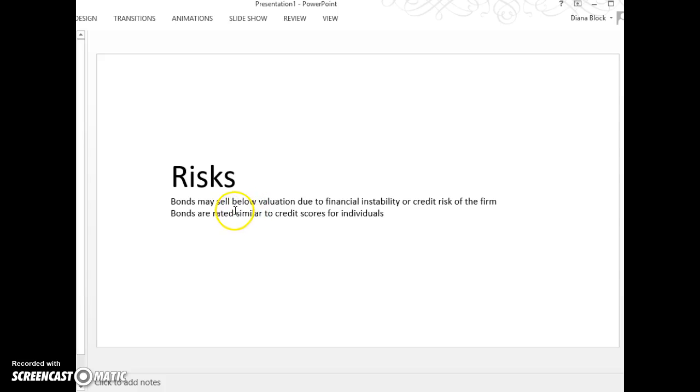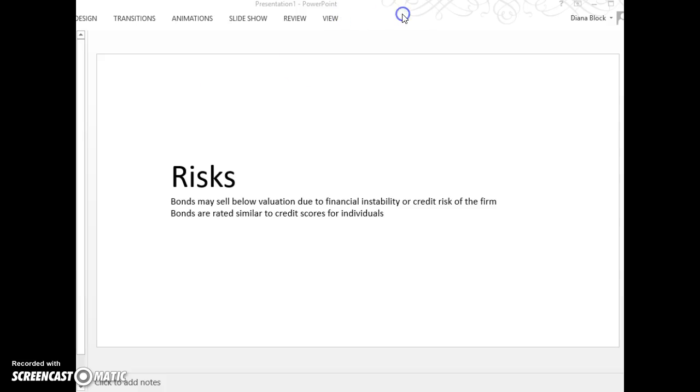So the bonds may sell less than their valuation because that firm maybe has some financial instability or they're a credit risk. Now, companies are rated for their bonds similar to the way credit scores are rated for individuals' credit. So every company is not created equal when it comes to their ability to pay back bonds.